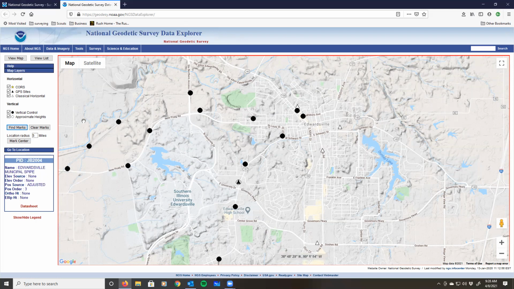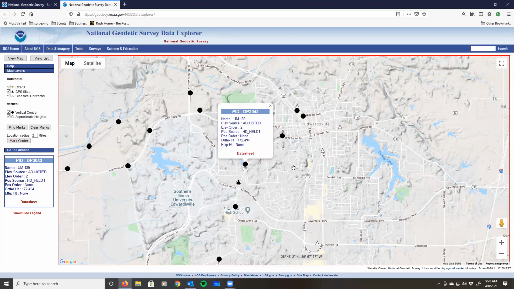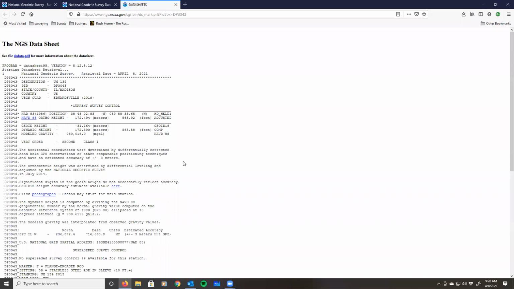Now I hid the legend on that. Basically, these are horizontal control marks that are the circles like this. Let's see here. UM139. There's the identifier on it.